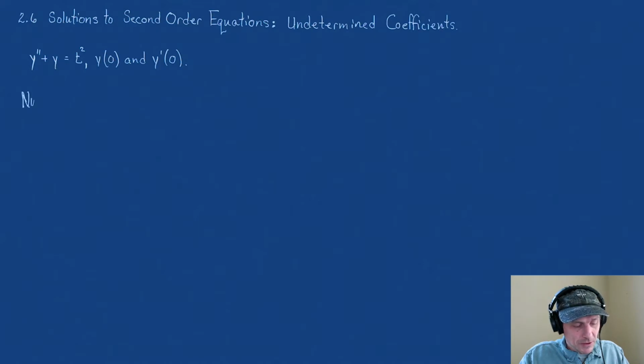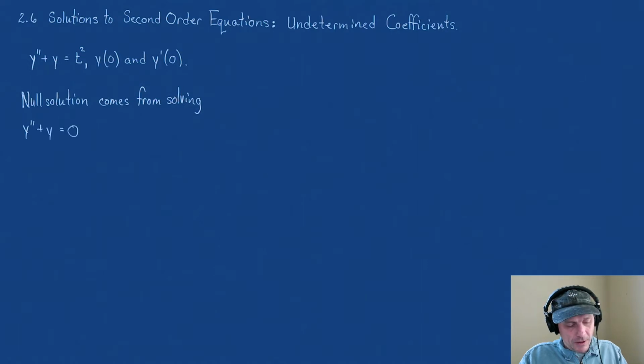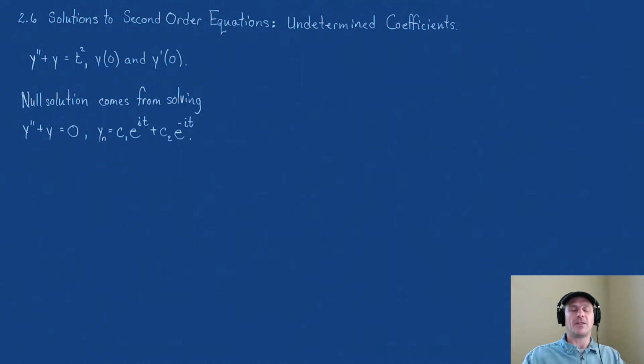Our null solution comes from solving y double prime plus y equals 0, and we've done that, and we said that y null is equal to some constant c1 e to the it plus another constant c2 e to the minus it. Now, this is where it gets interesting.